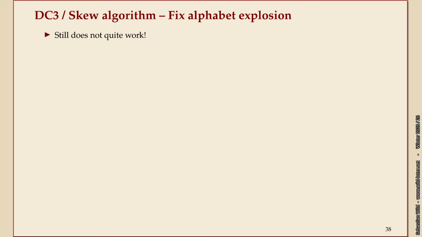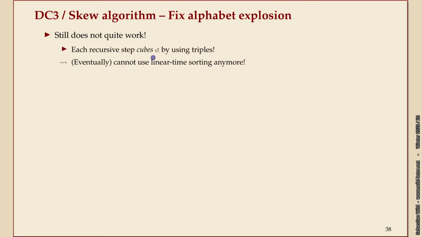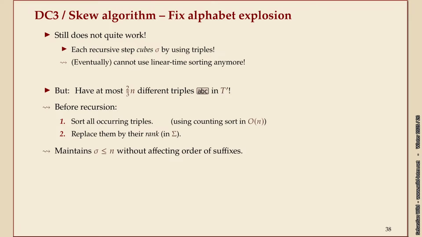What we did to sort, at least in step 2, for the induced sorting step, we needed that we can do a round of counting sort on individual characters. In the recursive call, these get bigger and bigger, so we need space proportional to the size of the alphabet. That's going to blow up. Okay, so we need to fix that as well. But luckily, this is only a fake problem, if you want.